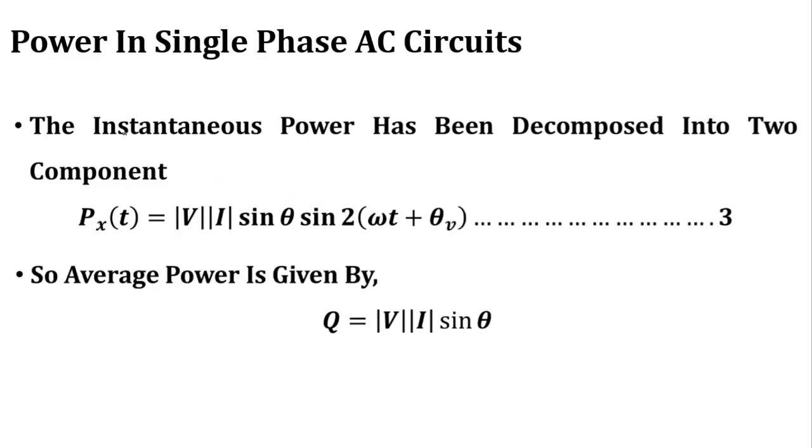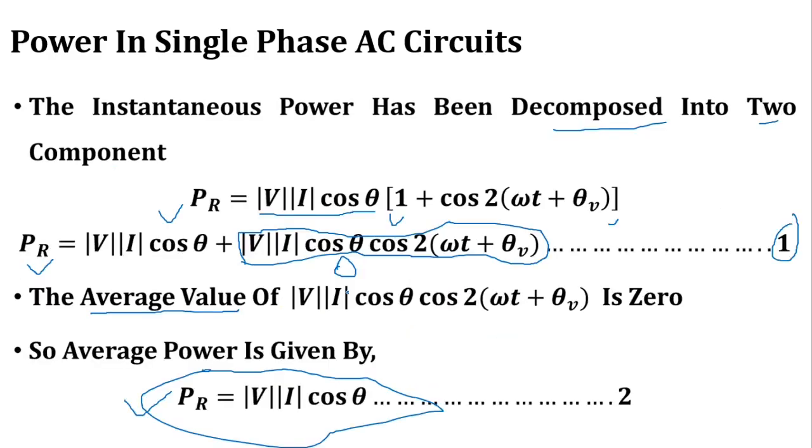Again for the second part, that is the second component of P(t), the reactive average power is given by Q equal to |V||I| sin theta. So that is the individual active and reactive power for the single phase AC circuit that we have used for a long time.